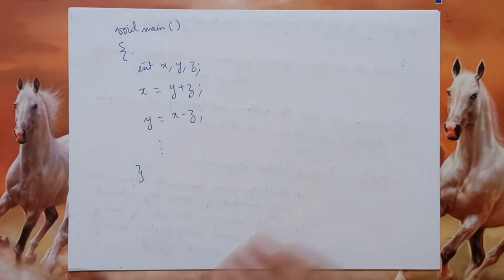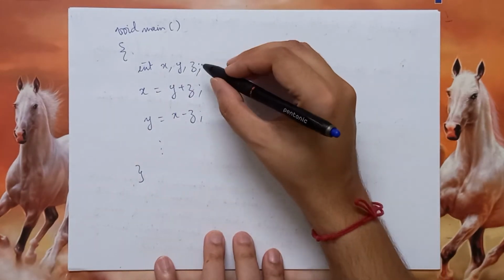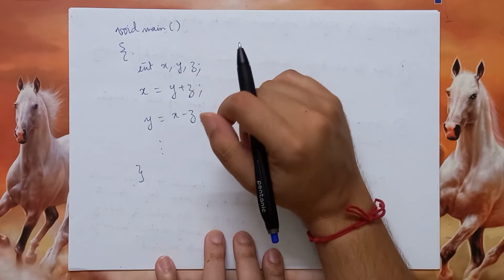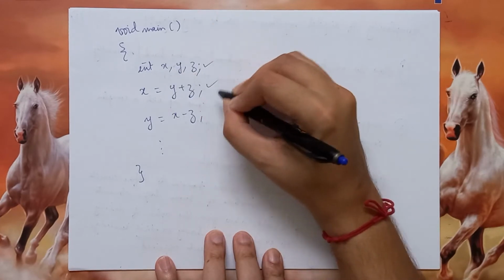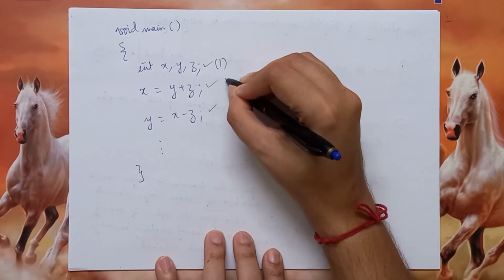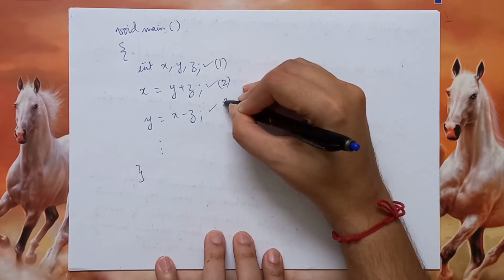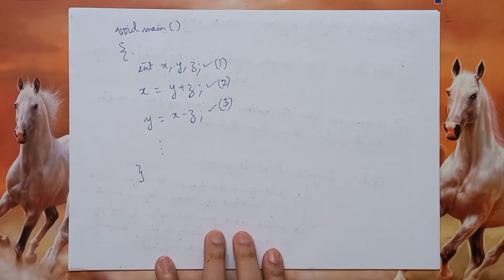This is an example of a C program. While executing this program, it gets executed line by line. First this gets executed, then this, and then this.